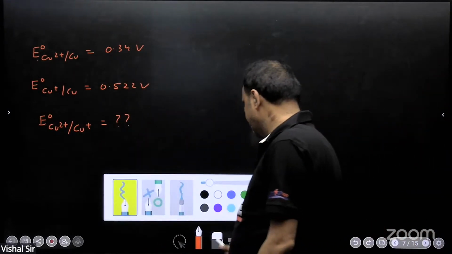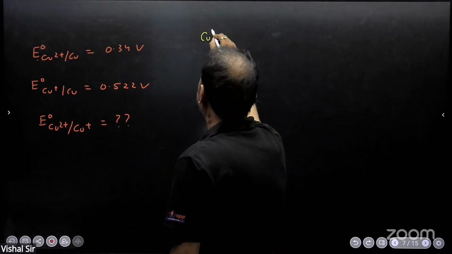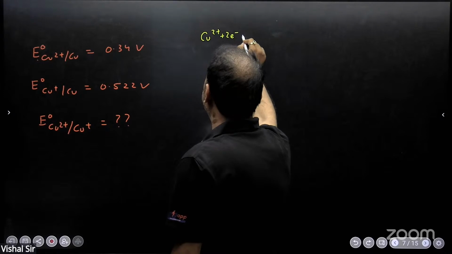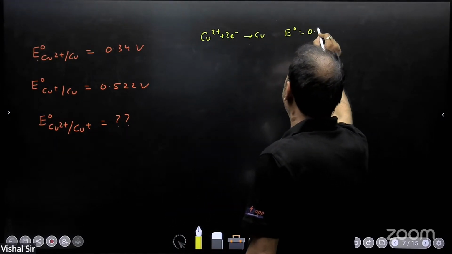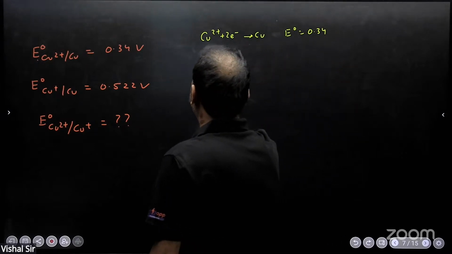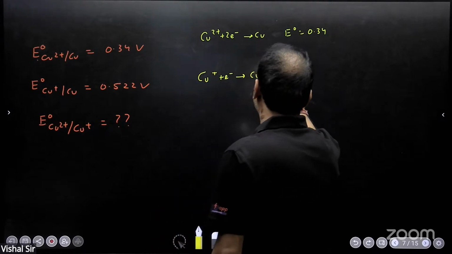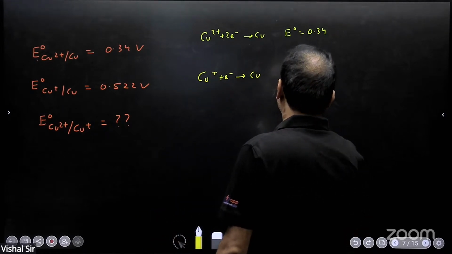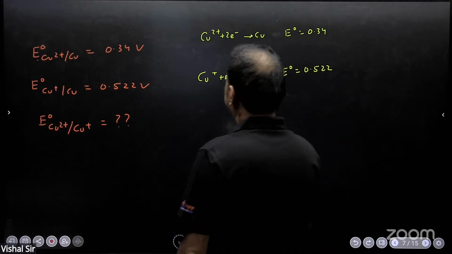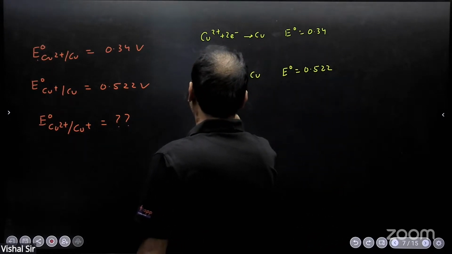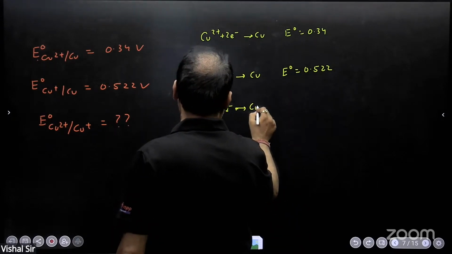Let's write the reactions. What are the reactions here? Cu2 plus plus 2 electrons goes to Cu. This E naught is given 0.34. Cu plus plus 1 electron goes to Cu. This E naught is given 0.522. And Cu2 plus plus 1 electron goes to Cu plus.